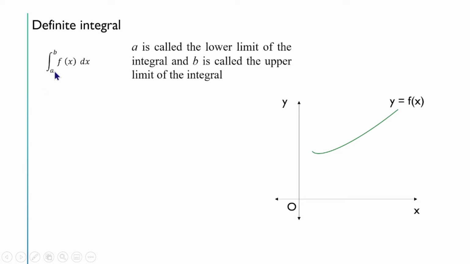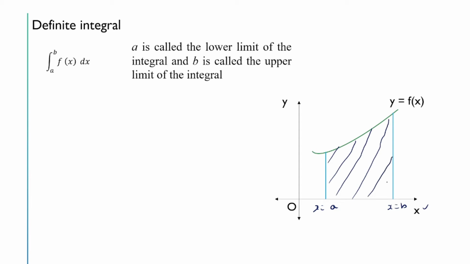This integral a to b f of x dx is nothing but the area bounded by the curve y is equal to f of x, the ordinates x is equal to a, x is equal to b, and the x-axis. So the region which is bounded by these is basically integral a to b f of x dx.